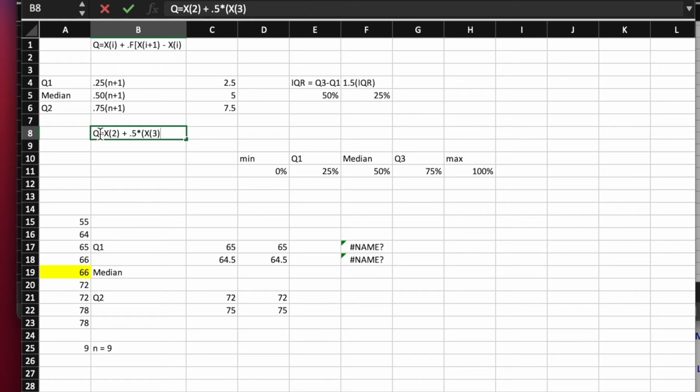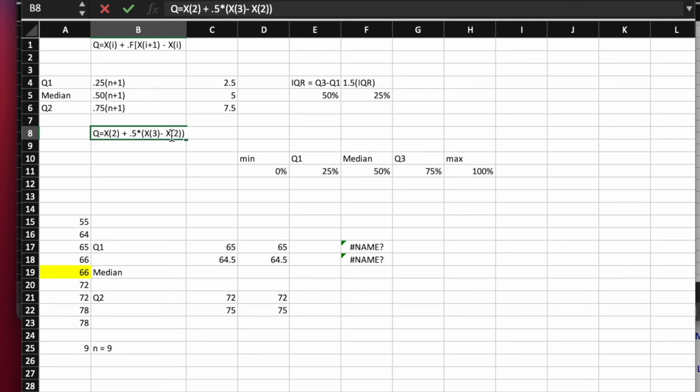The third data point, right? The third x, which is 65, minus x of I again, which in this case, because of our formula, is x of 2, because it's 2.5. X of 2 is, again, the second value, second data point, so 64.